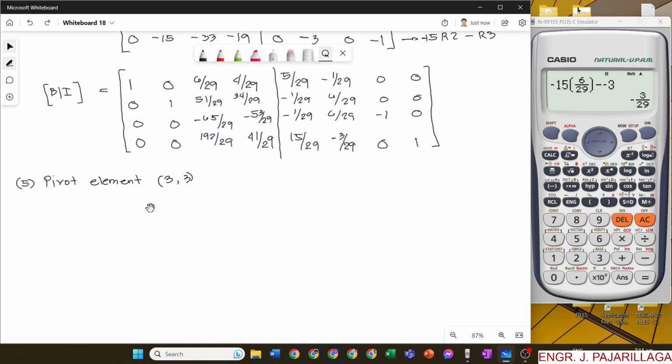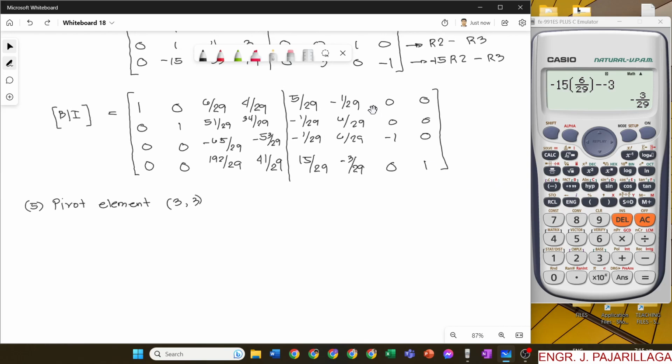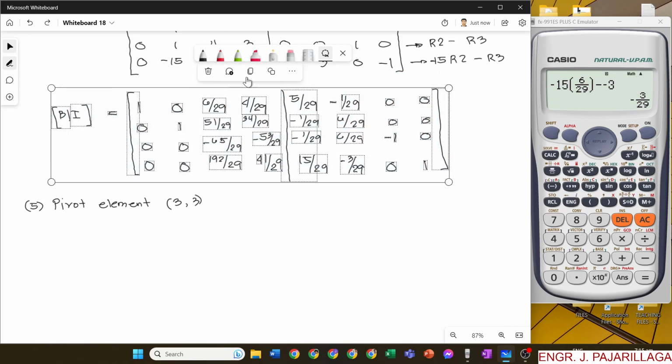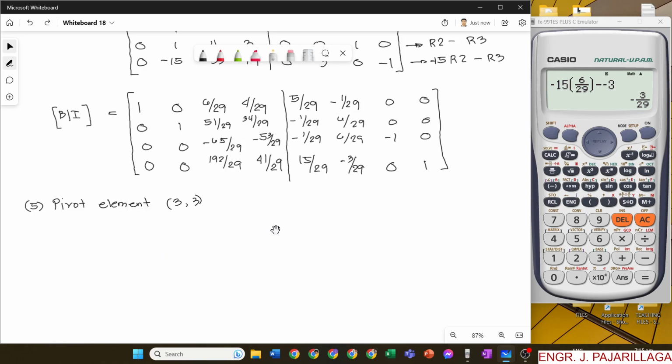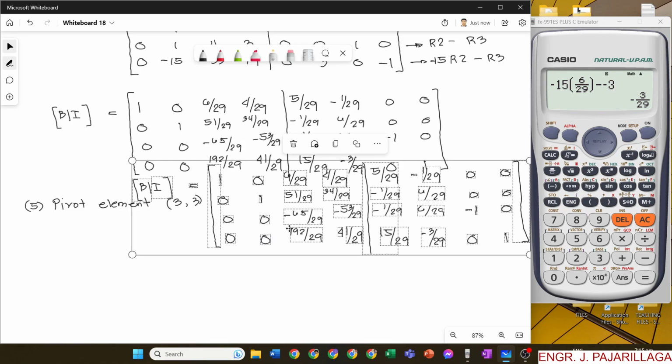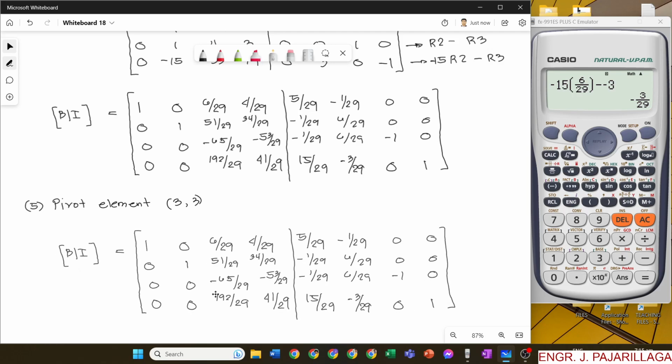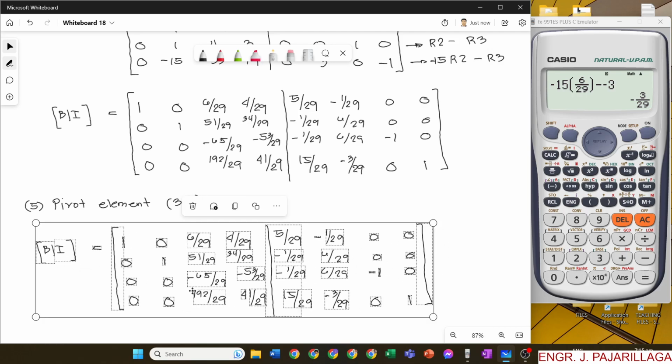So, copy. And then, paste. Okay? So, ipapivot ngayon natin yung element 3, 3.